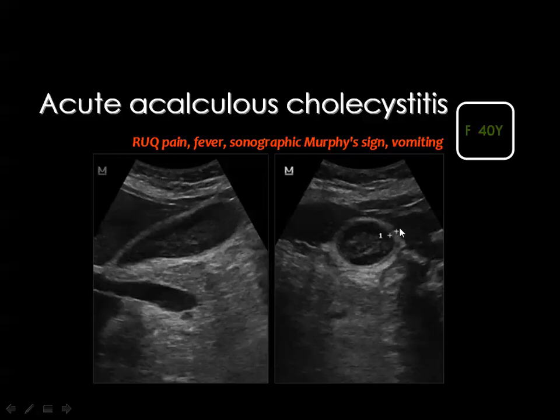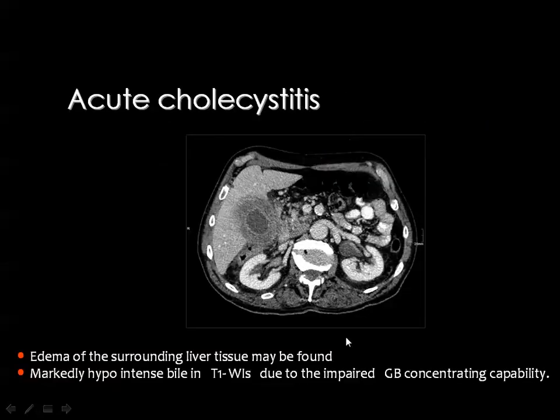And you remember that the major findings should include the thickness of the gallbladder wall and the presence of some fluid around the gallbladder. And this is a good example by CT showing a case of acute cholecystitis.